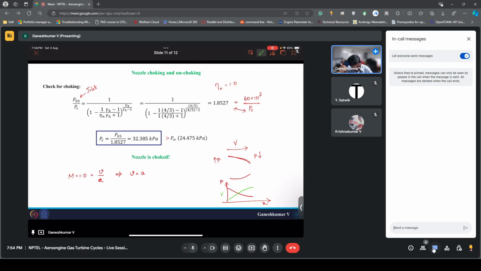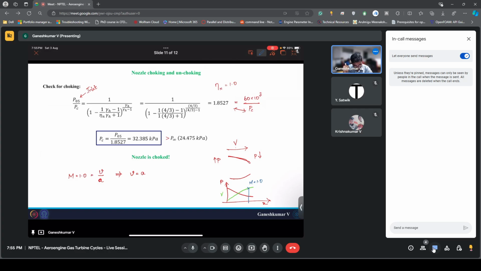Okay, so at this point, let's say I am reaching Mach number equal to 1. Which means the rate at which information is progressing is the same as the flow speed. So there is no way the information can go backwards.